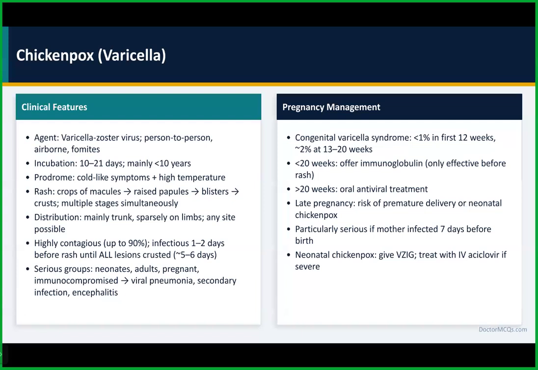In late pregnancy, there could be a risk of premature delivery, and the neonate might have chickenpox. It's particularly serious for the mother. If the mother gets chickenpox 7 days before the delivery, then the infection will definitely go to the baby.